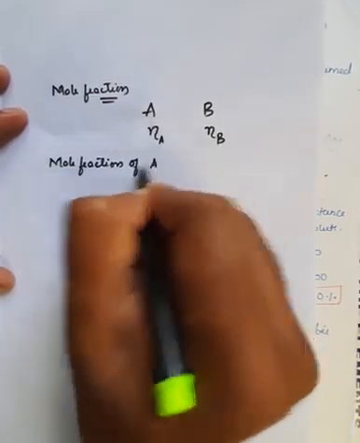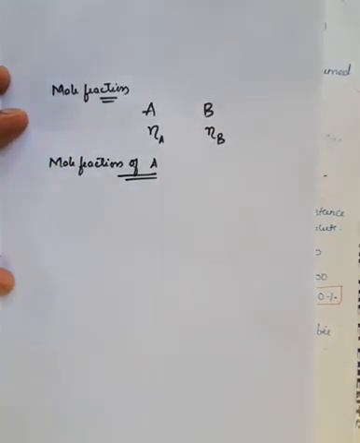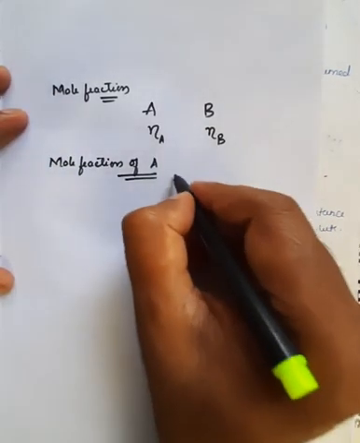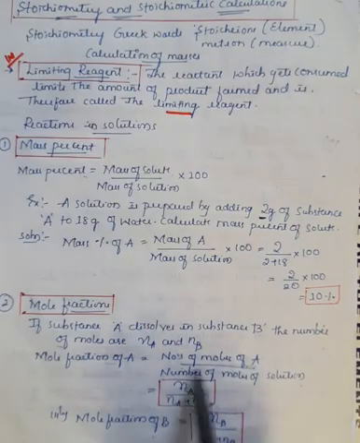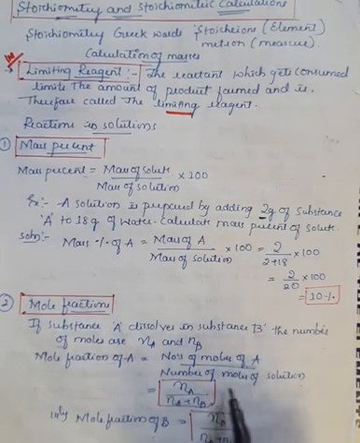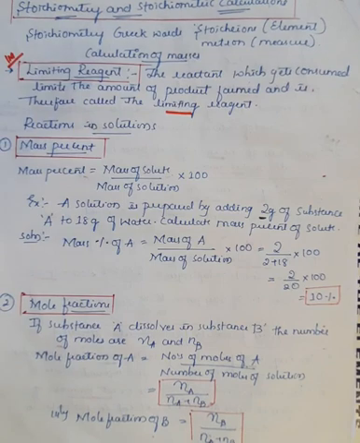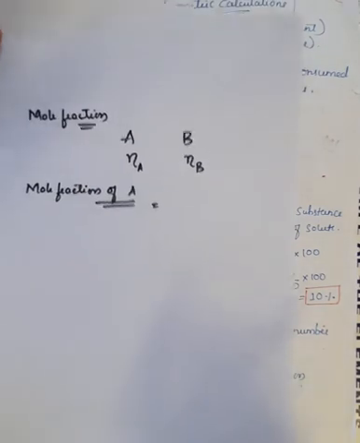If you want to calculate the mole fraction for A, according to the formula, it is number of moles of A divided by number of moles of solution.